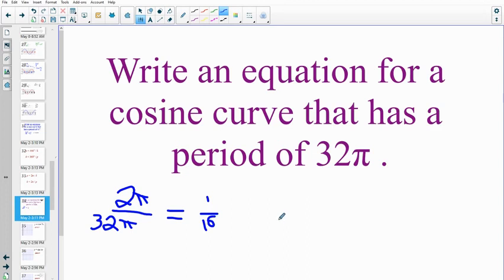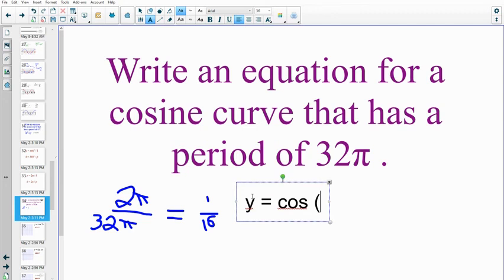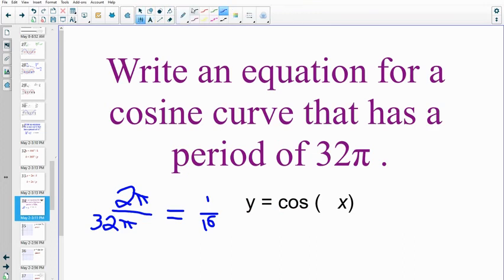And so that would be the number that would go into my equation. Y is equal to cosine of 1/16 x, and I'll just have to write that part of it in. 1/16 or x over 16 would be okay also. And now this equation would have a cosine graph that has a period of 32 pi.